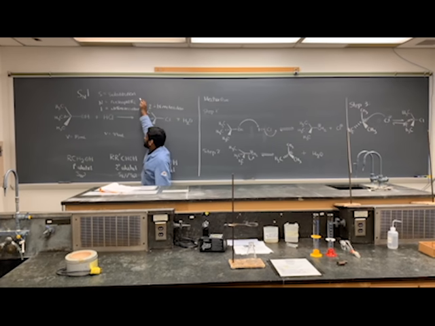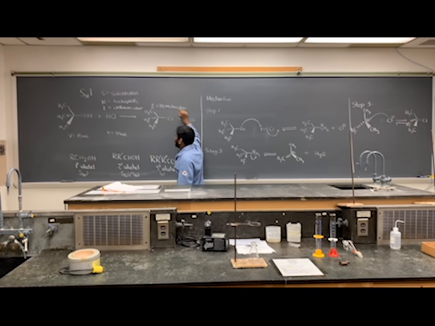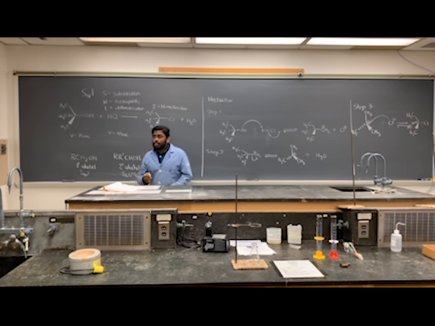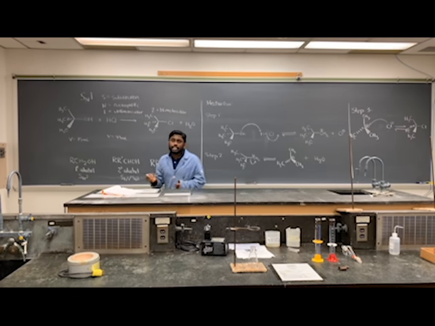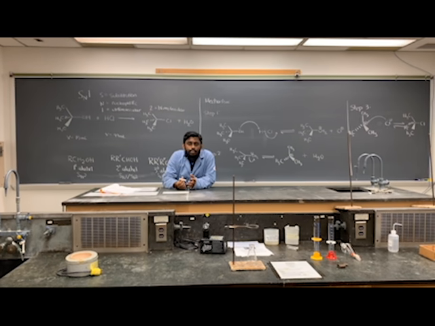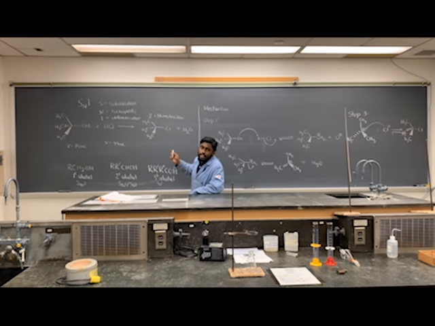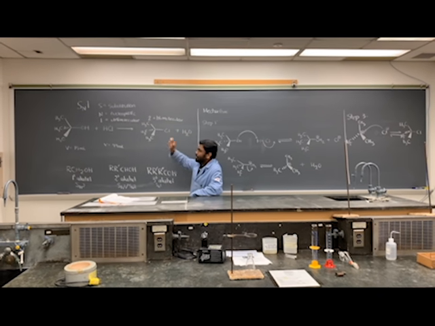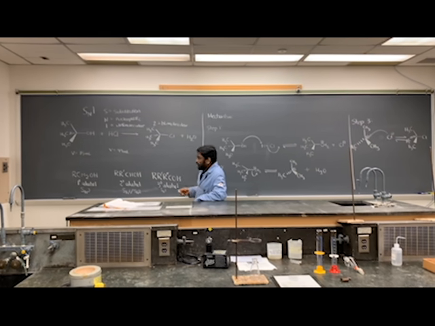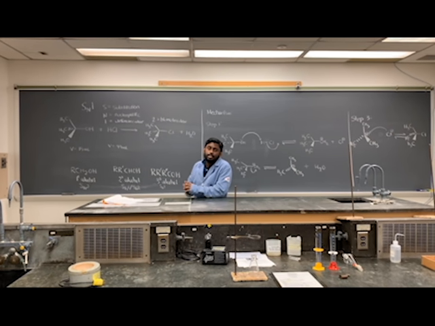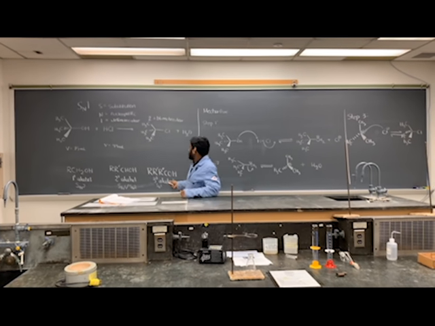Again, the S stands for substitution, N for nucleophilic, and the 2 for bimolecular. Now, if we are using a secondary alcohol, that reaction can proceed via SN1 or SN2. In this case, however, we are using a tertiary alcohol, as you can see there, and tertiary alcohols typically convert to the corresponding alkyl halide via SN1 mechanism.